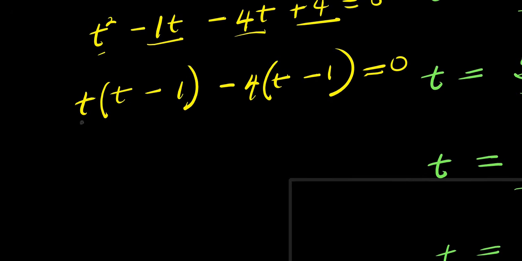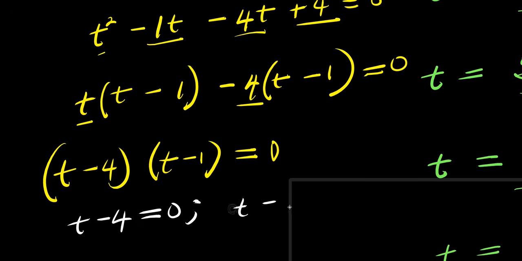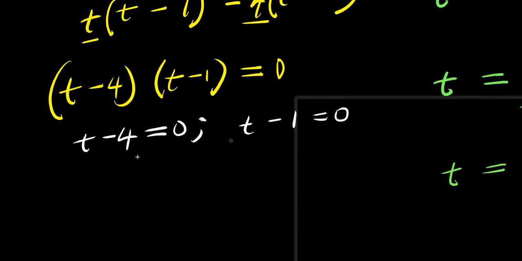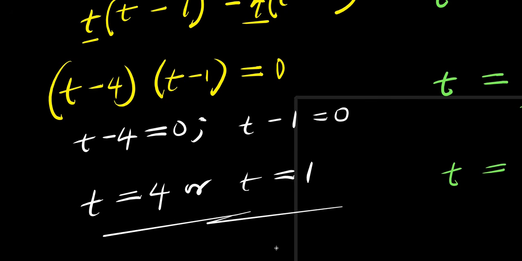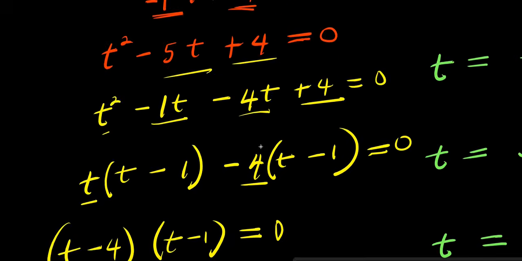So from here, you take t minus 4 times t minus 1 equals 0. So you have t minus 4 equals 0 and t minus 1 equals 0. So if you solve these individual equations, you have t equals 4 and t equals 1. The same solutions that we had using the formula method.